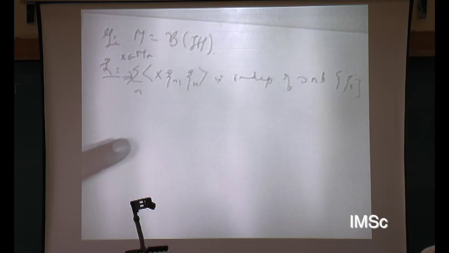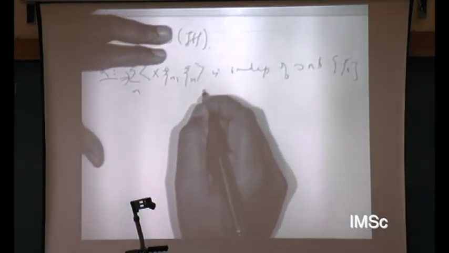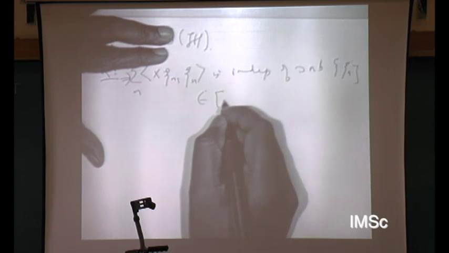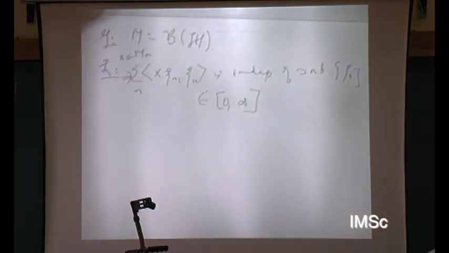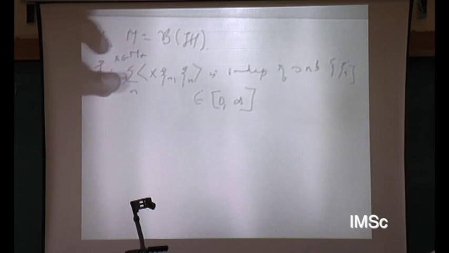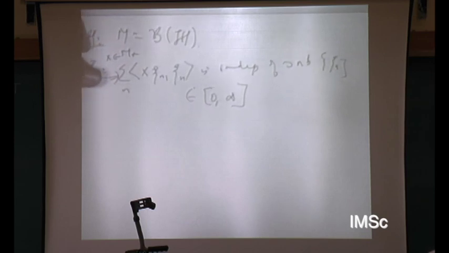I'm talking about an infinite sum, but it's an infinite sum of positive things. Now this sum is by definition something in zero to infinity. That means what I should show is that if it is finite in any one basis, then in every basis it is finite and the two sums are the same. Okay?